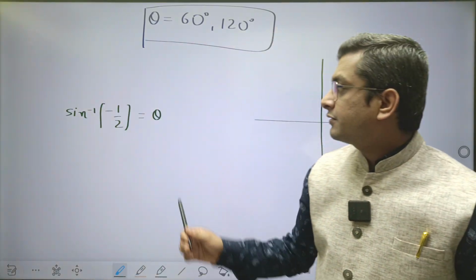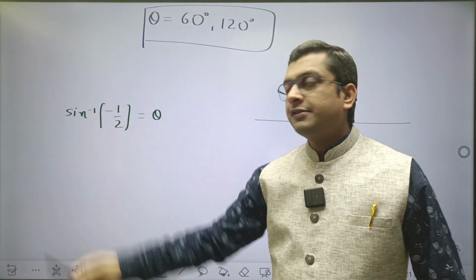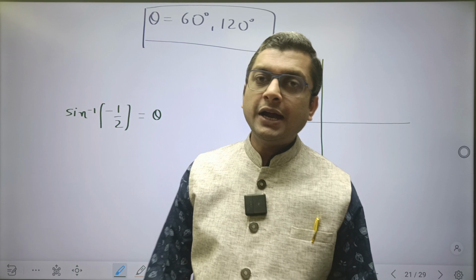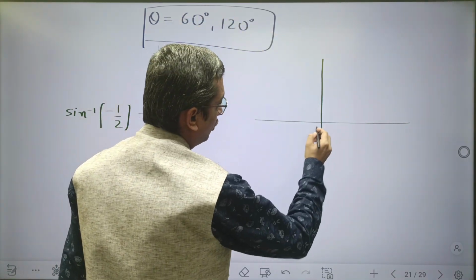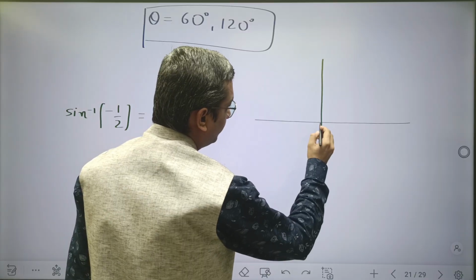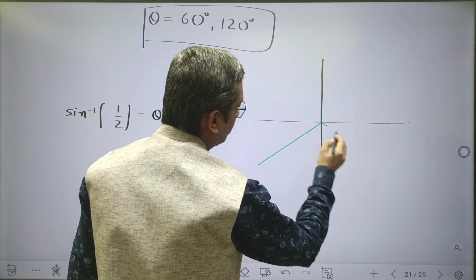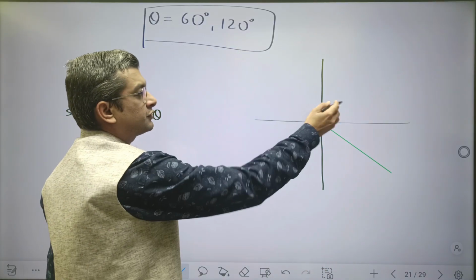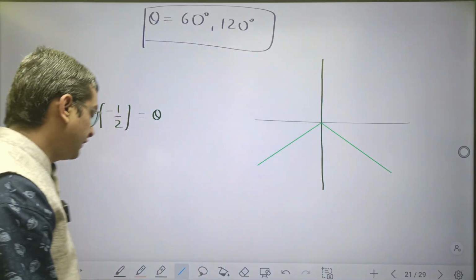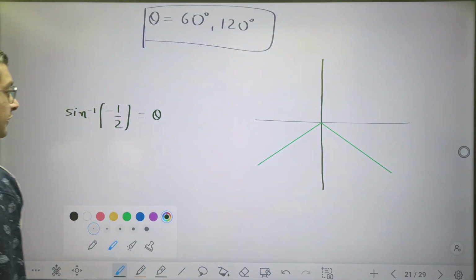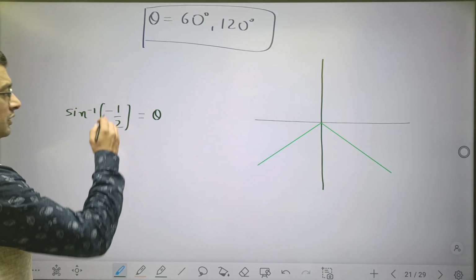Since this value is negative, sine has negative values in the third and fourth quadrants. So the two lines lie either in the third quadrant or in the fourth quadrant, because in the first and second quadrants the value of sine is positive, and in the third and fourth quadrants the value of sine is negative.